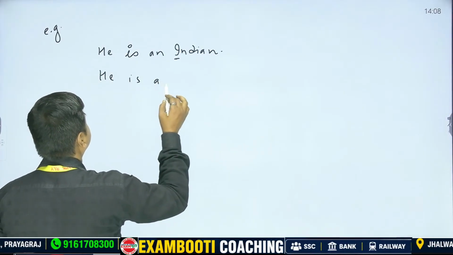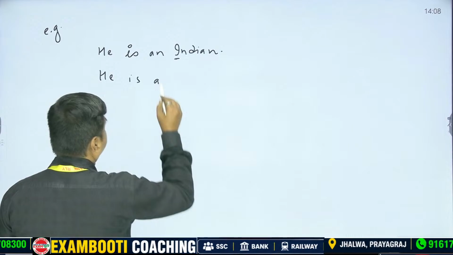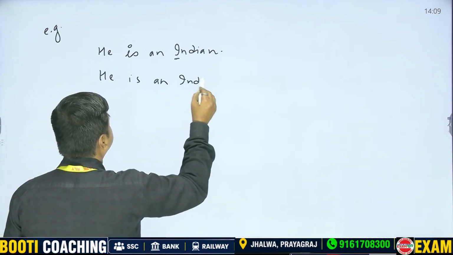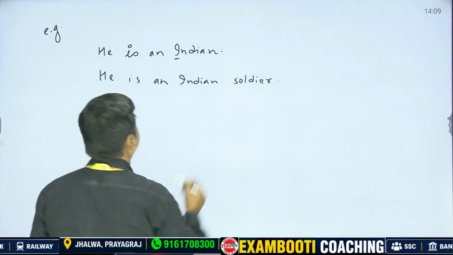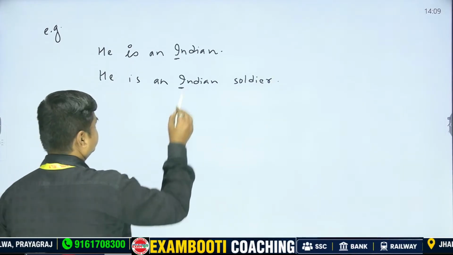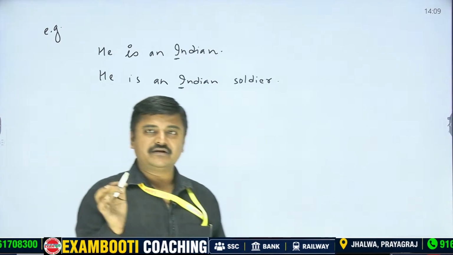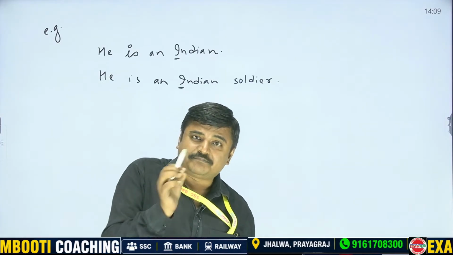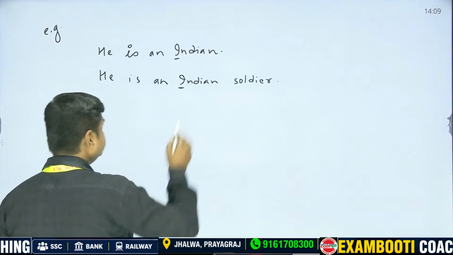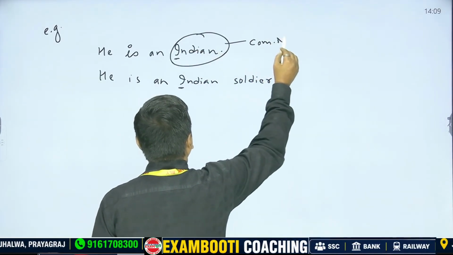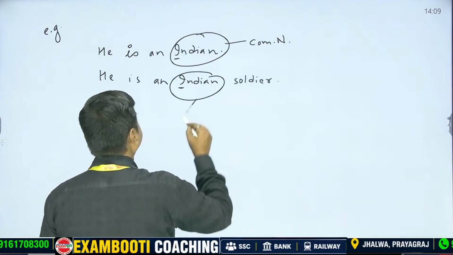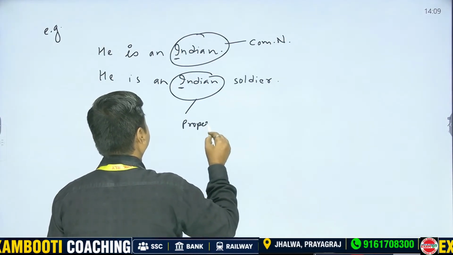He is an Indian soldier. Here I is written with a capital letter, but it doesn't mean that this is a proper noun. Here Indian is a common noun. Here Indian is a proper adjective.